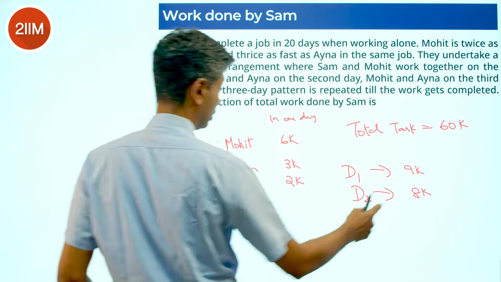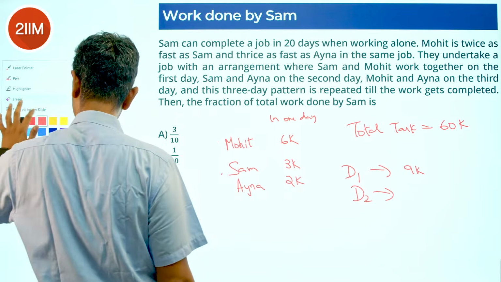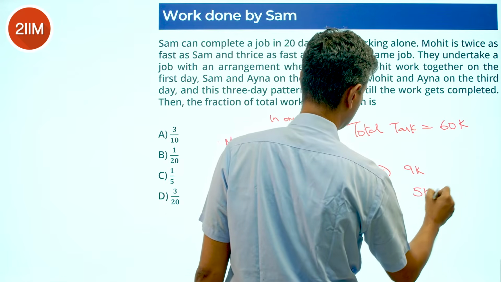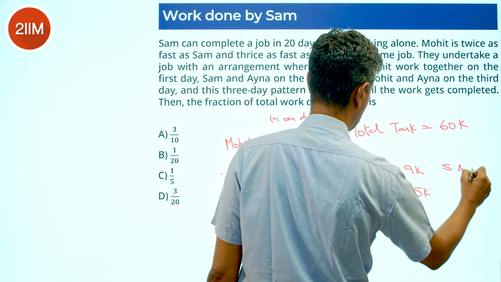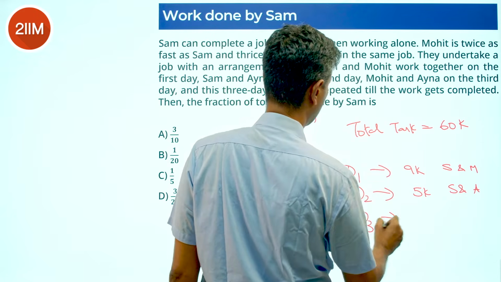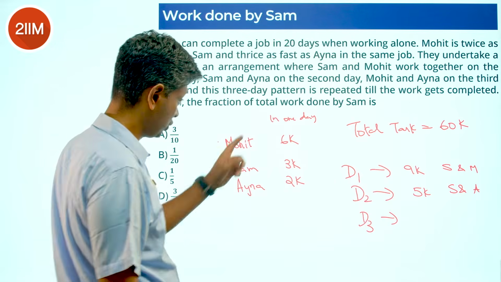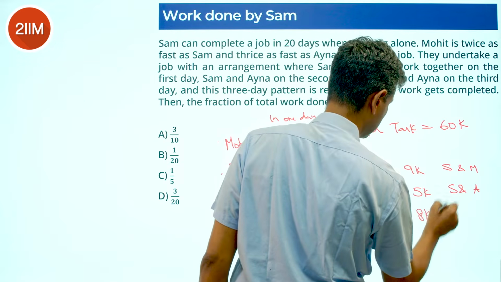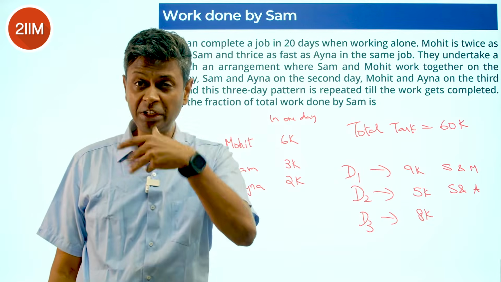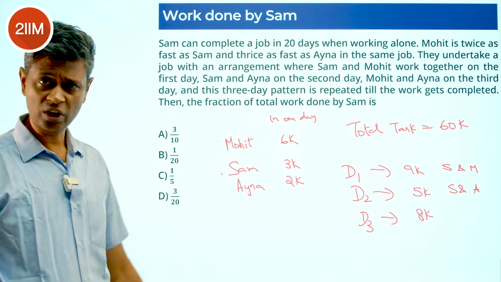Need to be careful about this. Sam is 3k, Aina is 2k, 5k. This is S and M, this is S and A. On day 3, I'm guessing it should be the third combo, Mohit and Aina, 6 plus 2, 8k. Nice. And this 3-day pattern is repeated till the work gets completed.